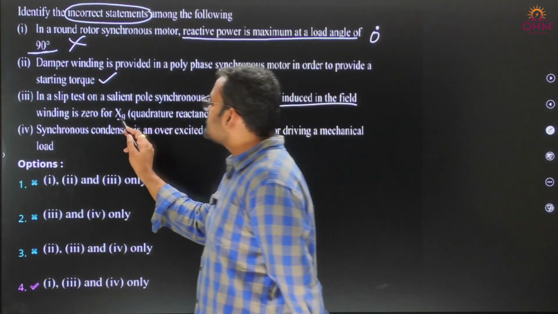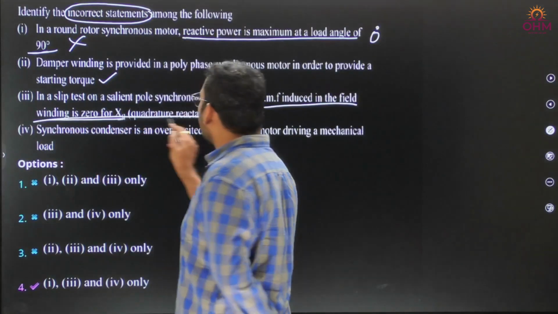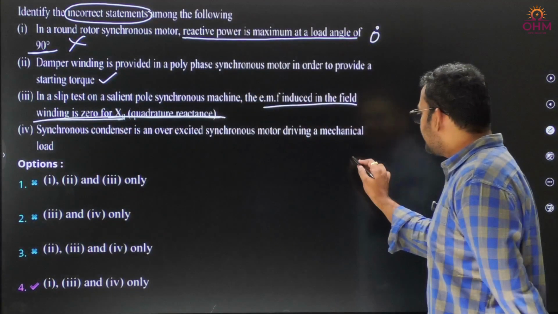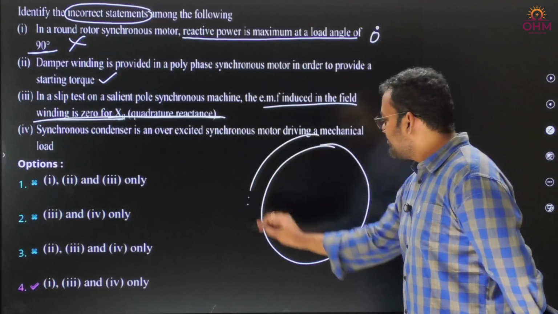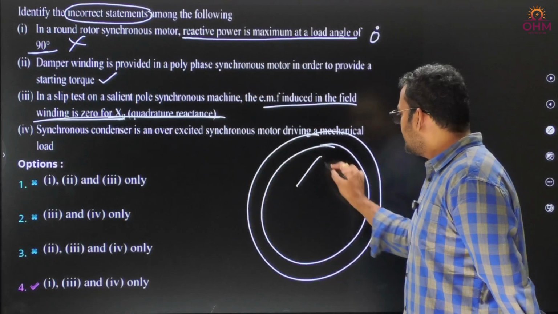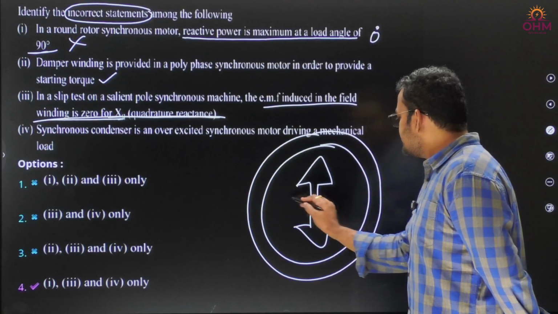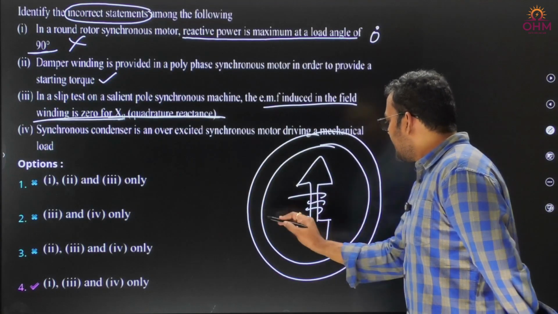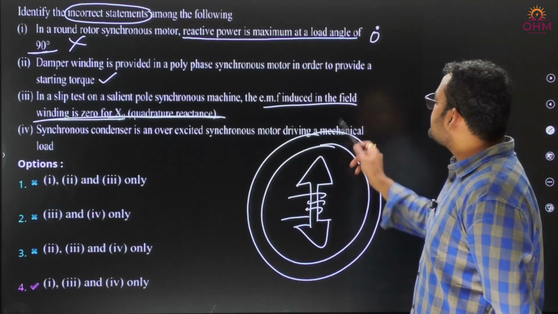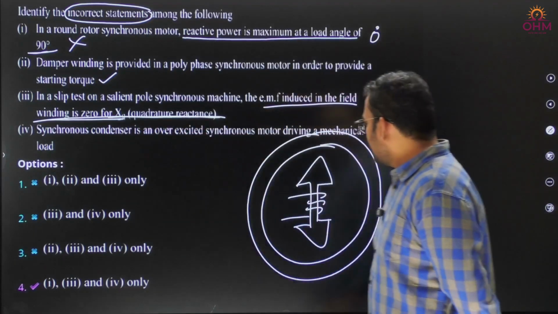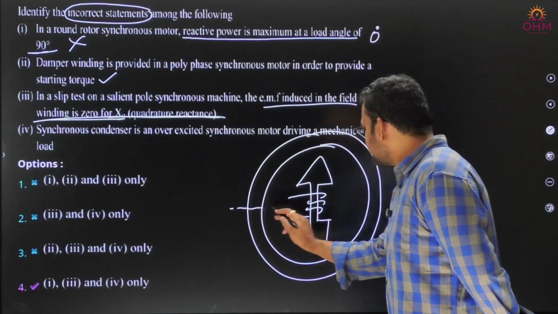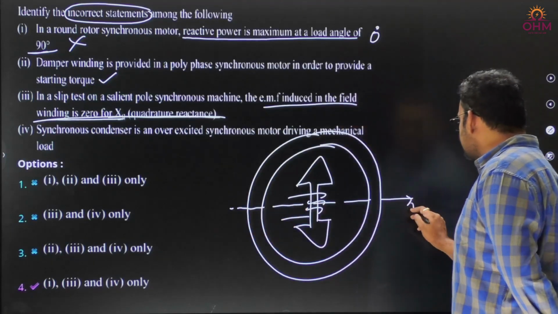Next, in a slip test on a salient pole synchronous machine, the EMF induced in the field winding is 0 for Xq, quadrature axis. See, it is a slip test. Slip test is performed on a salient pole machine, we know. This is how the rotor looks like. This is the field winding. And they said flux is along which axis? Quadrature axis. Quadrature axis means this one. This is the Q axis.